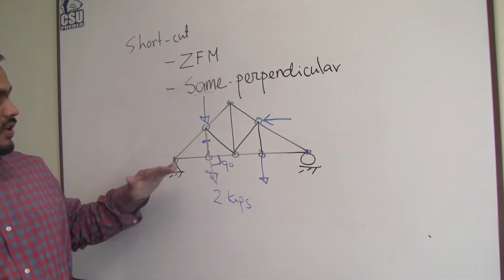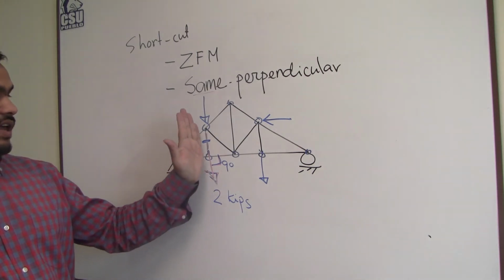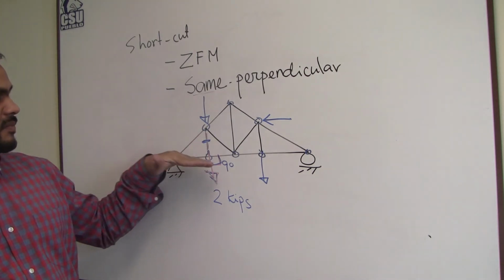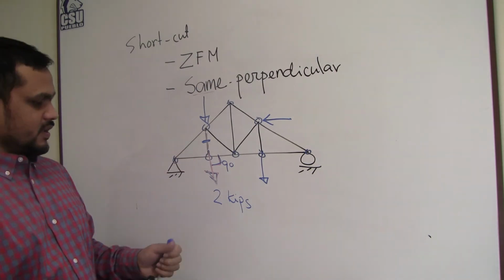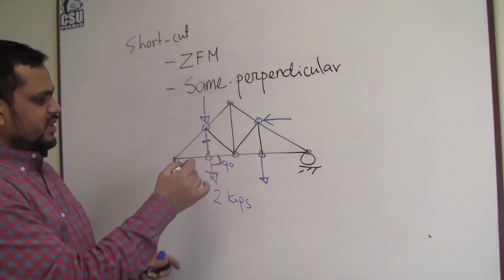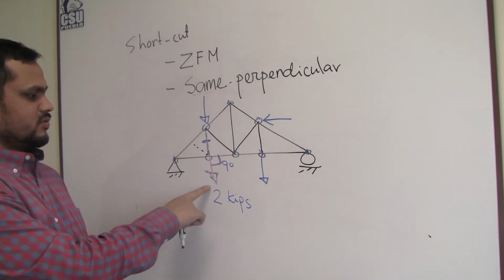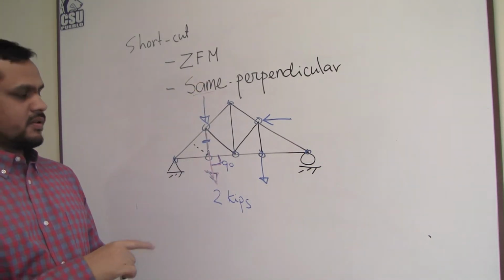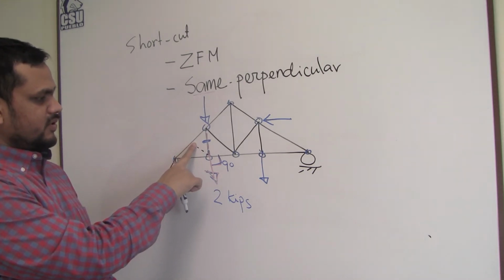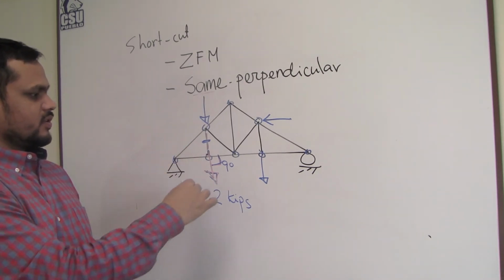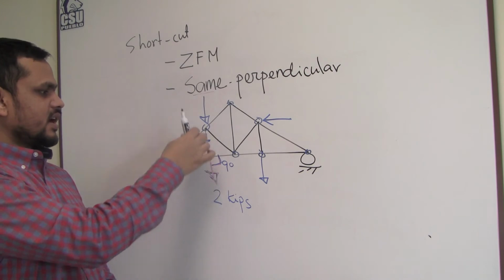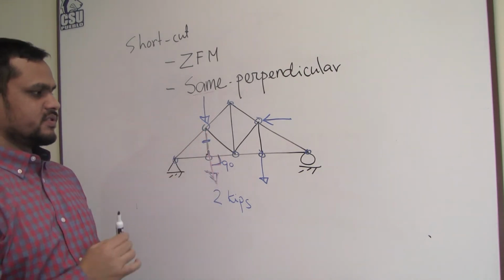It is true only if the force is acting along the same direction and the other members are perpendicular. If there was another member here, then this rule will not work. This rule will work only for 3 members: 2 are perpendicular and the other one is in the same direction as the force.